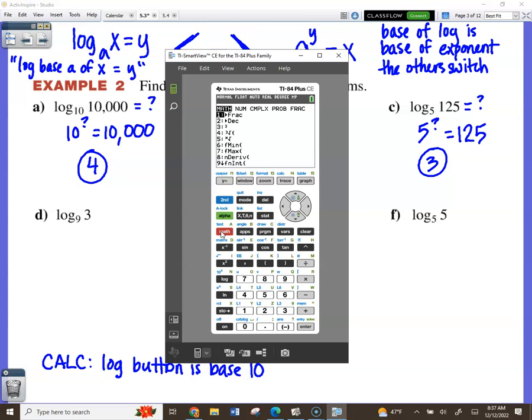You could scroll down every single one of these, or I prefer to go the other way, where you scroll up, and it'll bring up the bottom of that menu. Do you notice A says log base? So go to that one, and now it's going to allow you to enter a different value for the base, and you type exactly what it looks like. So in this case, 5 of 125, and it'll evaluate it.